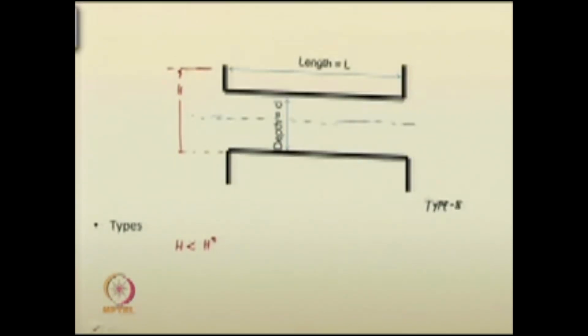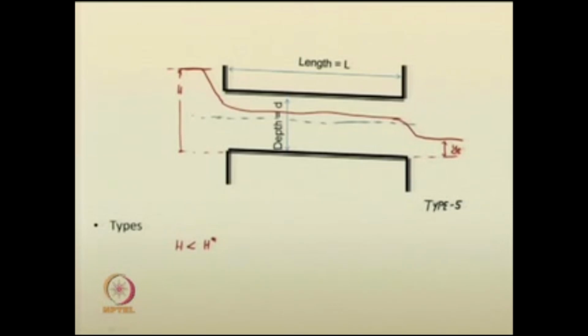Your flow profile will be such that from here it goes like this, and at the tip it goes into the tail water depth YT. So this depth is critical depth YC. So you have H less than H star.